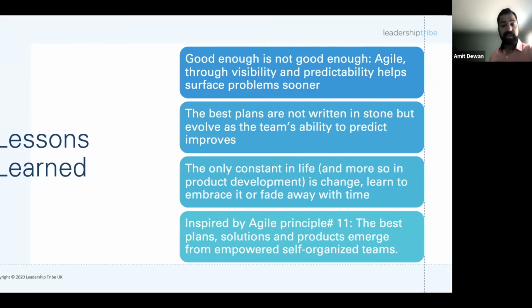The only constant in life, and more so in product development, is change. I think we all agree, right? What I thought my morning would look like, or my afternoon would look like, might just be very different because a lot of different things around me moved. So we can't predict the future. We can do our best to try and get better at it. But if I was to say, oh, 3 months down the line, we're going to deliver exactly the same product, and we are really hoping that the product will be delivered exactly, I would call that a miracle.